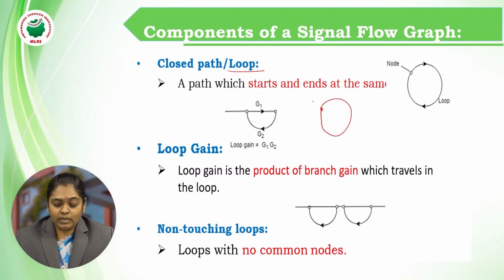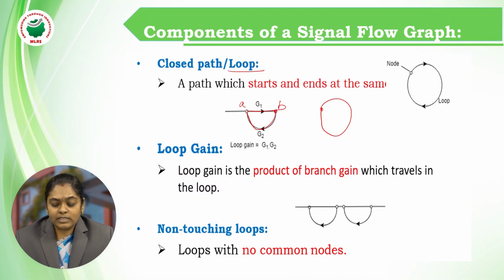If you observe here, let me take this as node A and this as node B. This is one branch, and the gain of that branch is G1. After reaching node B, it is going back towards A. So the starting point is A and the ending point is also A. That is the reason it is called a closed path.